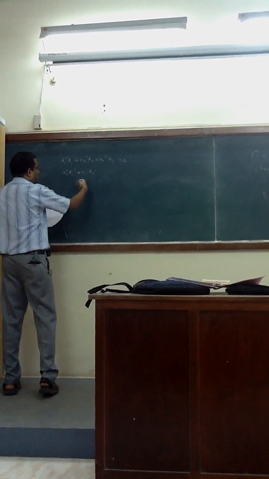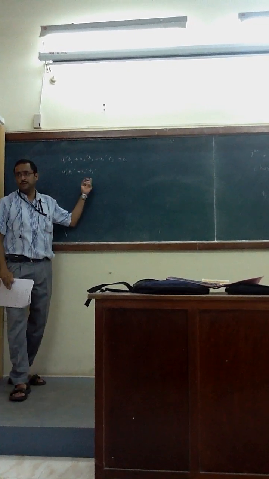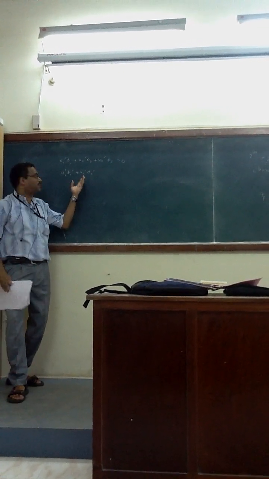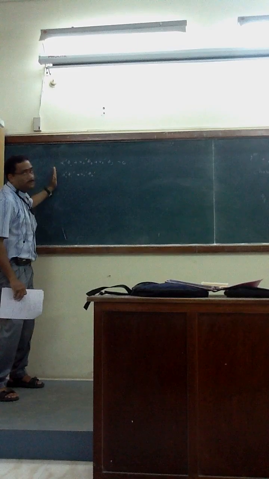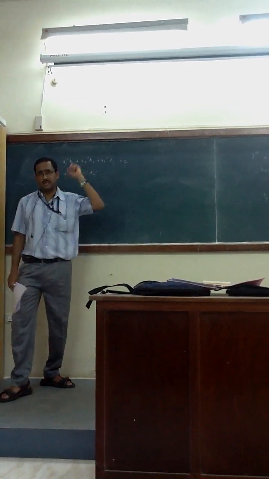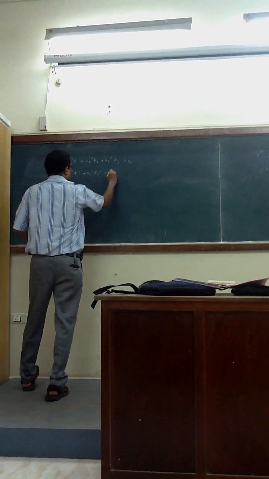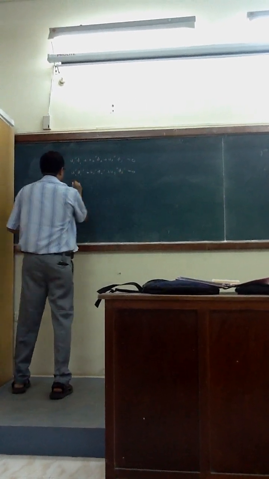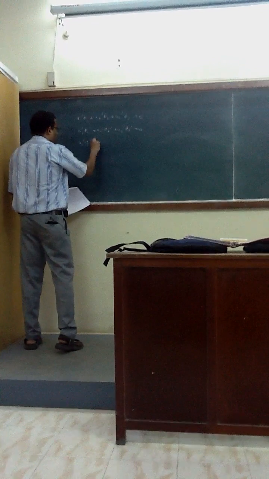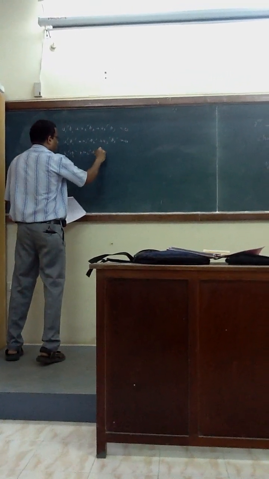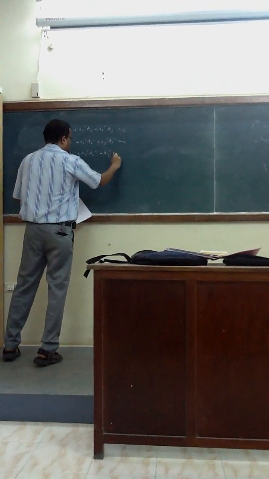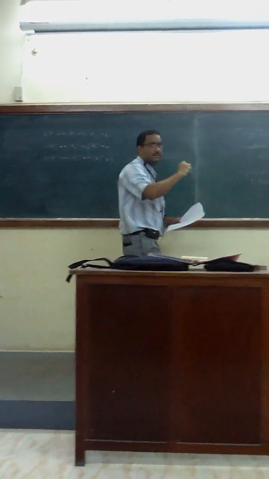Remember that u1 prime and u2 prime will not change; if they change, you are not able to solve for them. If you remember the formula, you know that u1 prime is fixed. Only the other term changes, which is phi 1 prime, phi 2 prime, and phi 3 prime. And the last equation is u1 prime phi 1 double prime plus u2 prime phi 2 double prime plus u3 prime phi 3 double prime equals 0. That's it.